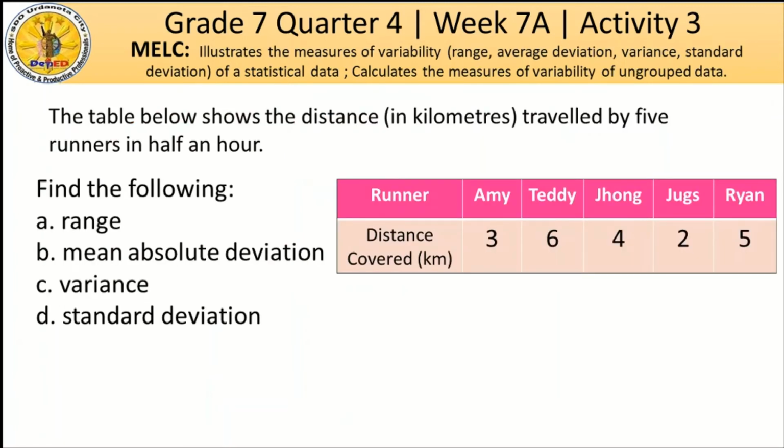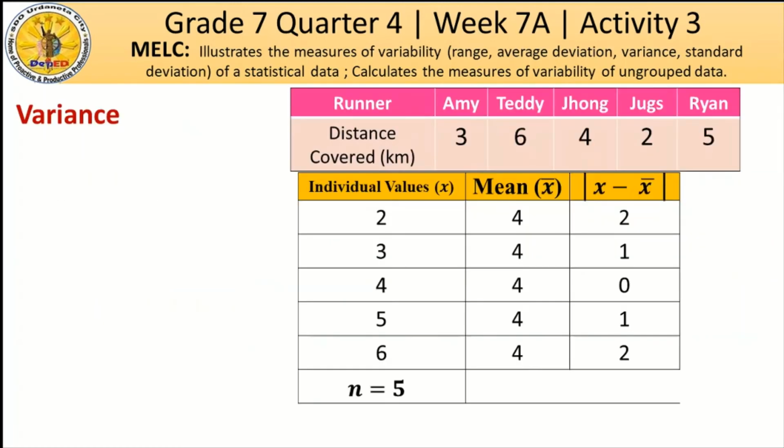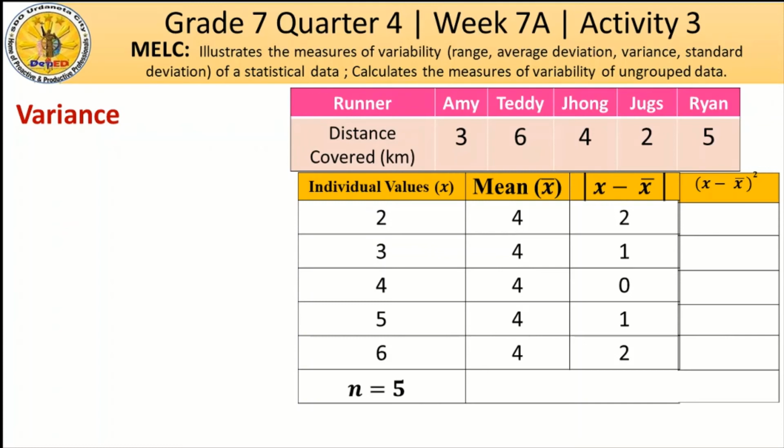Next, we are now ready to find the variance and standard deviation. So in here, based on our table constructed for the mean absolute deviation, we will just add another column on our table, which is the column for the square difference of the individual values and the mean. Now, let us simply find the square of the third column.